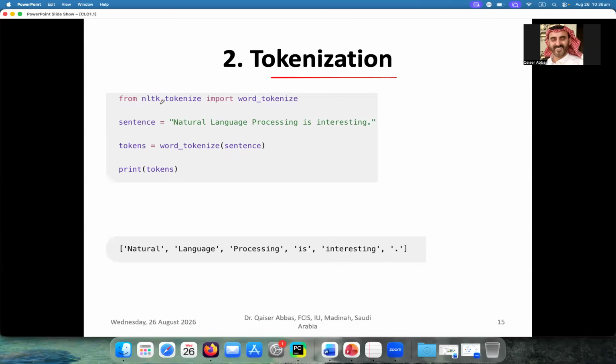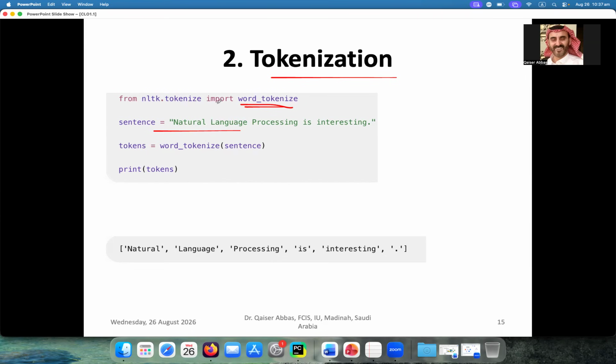From nltk.tokenize you import word_tokenize, and again you give some sentence to it.